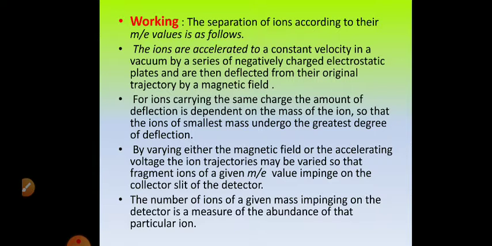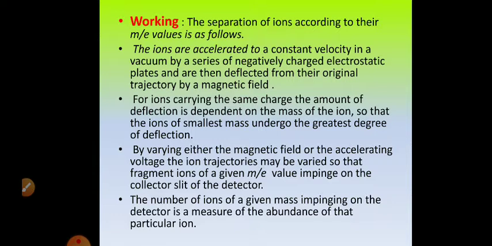Now, the number of ions of a given mass that impinge on the detector is a measure of the abundance of that particular ion. So the more of a particular ion, the more it gets impinged on the detector.